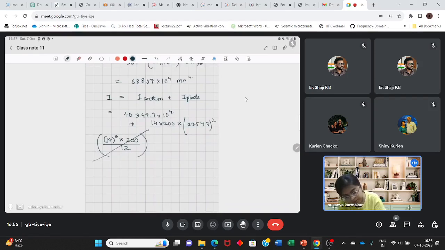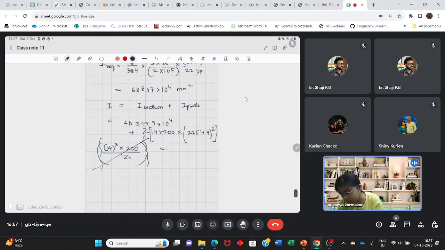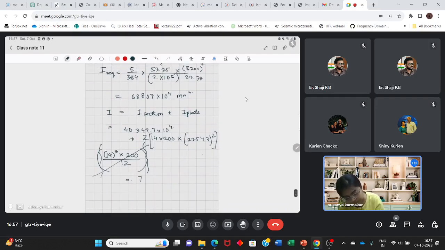And since there are two plates, one at the top, one at the bottom, we have this factor. And this comes out to be around 70,490.9 into 10 to the power 4 mm to the power 4, which is greater than I required. So deflection is also being satisfied.